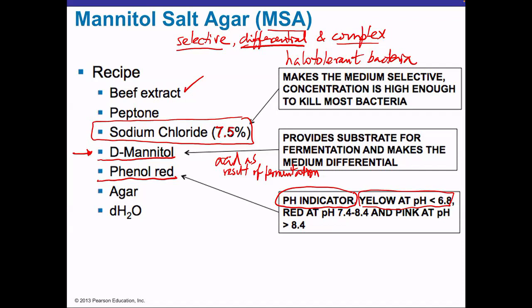And if the bacterium growing there is producing something that is alkaline and the pH starts to increase, then the medium will change from red to pink at a pH higher than 8.4. Once again, you see agar here, and once again, the only function of agar is as a solidifying agent.